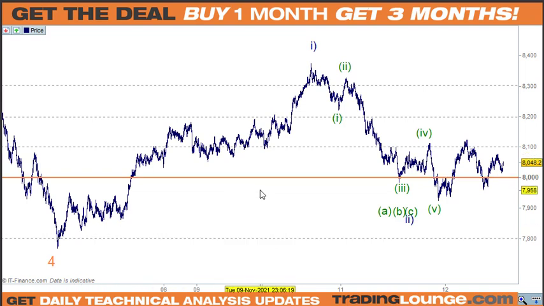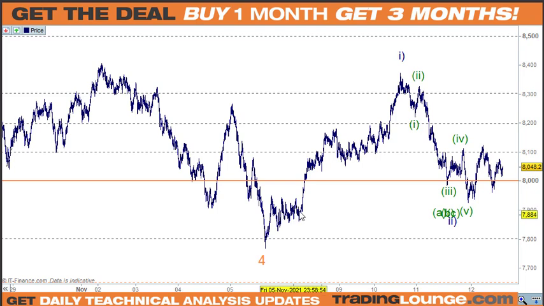I'm going to have to do some work on this. I need to pull that apart much more, because I've got 5 waves here and I've got 5 waves here. Unless this can be some sort of A, B and C here for the B wave and down for the C wave there.